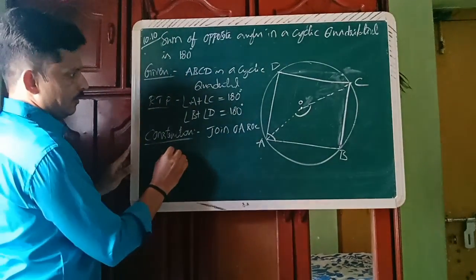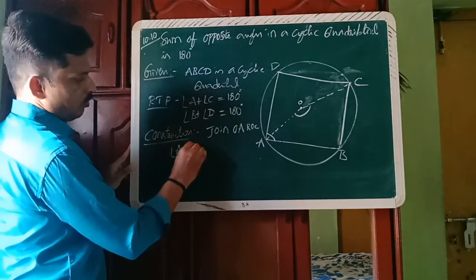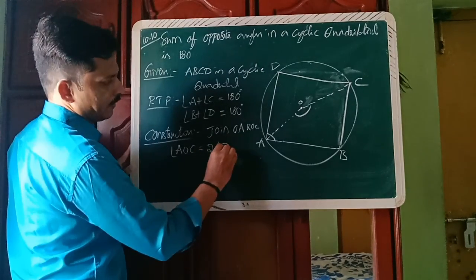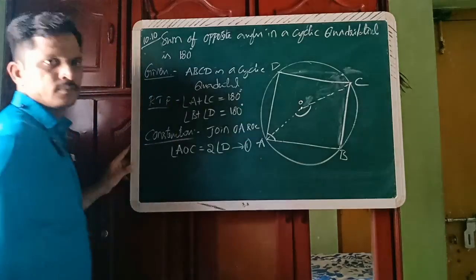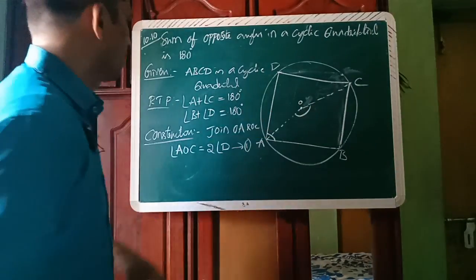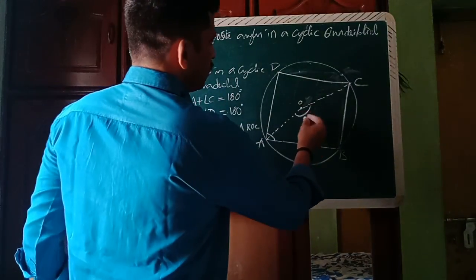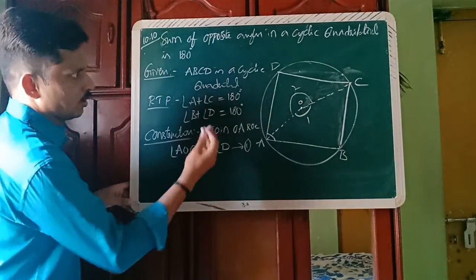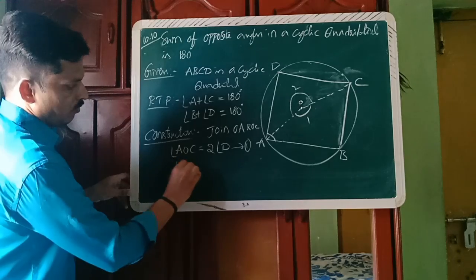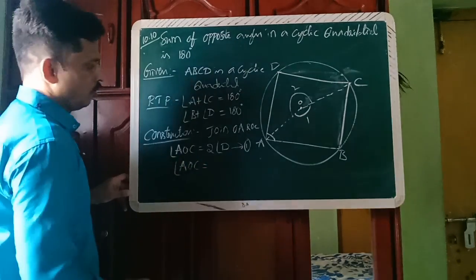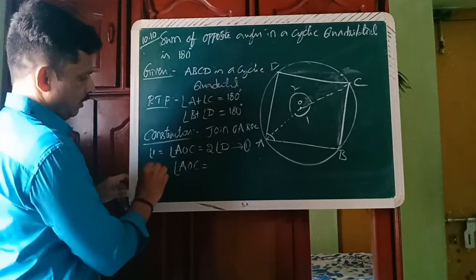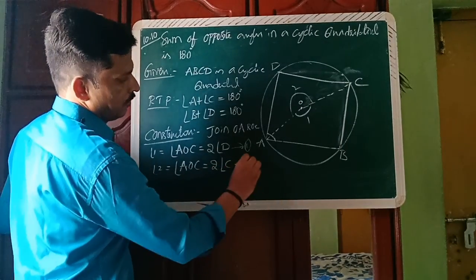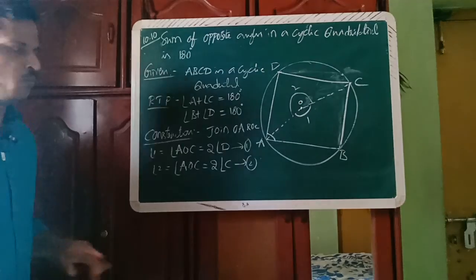So angle AOC is equal to 2 times angle D, equation 1. Take the other angle AOC, for example angle 1 and this is angle 2. Angle AOC is equal to 2 times angle C, equation 2.